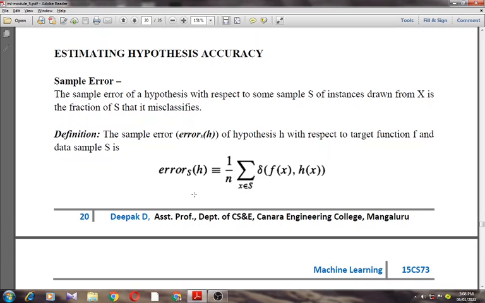Here the sample error of a hypothesis with respect to some sample S of instances drawn from X is the fraction of S that it misclassifies.